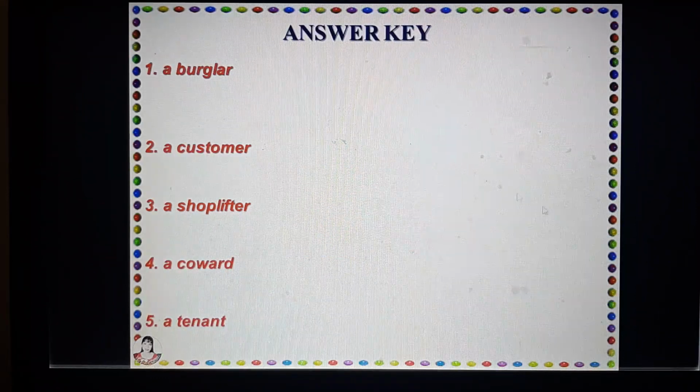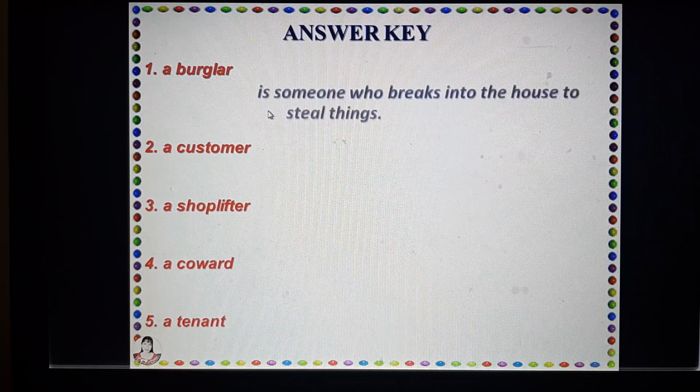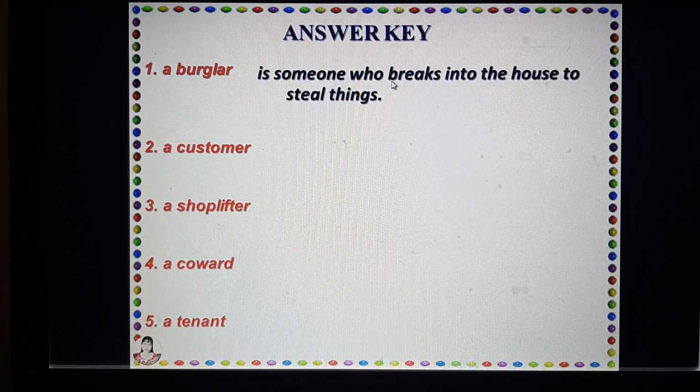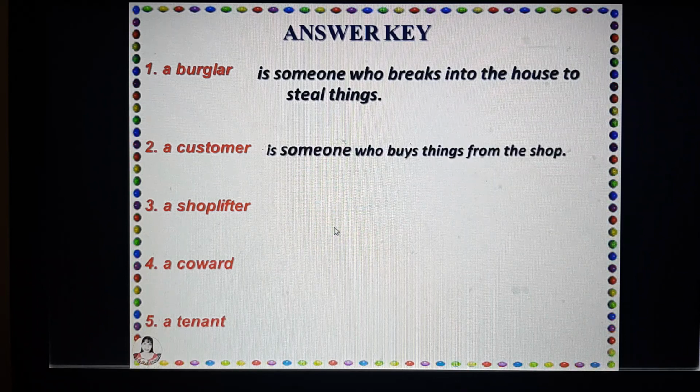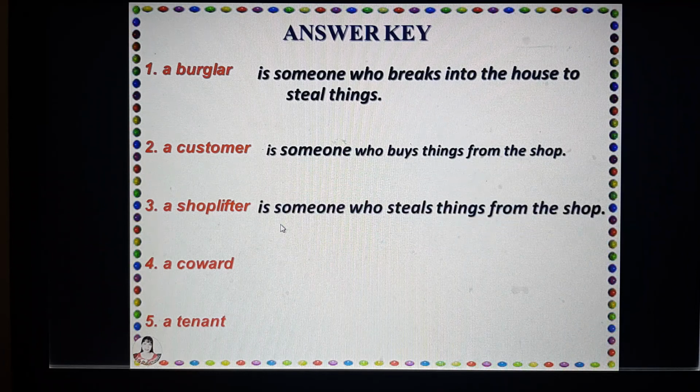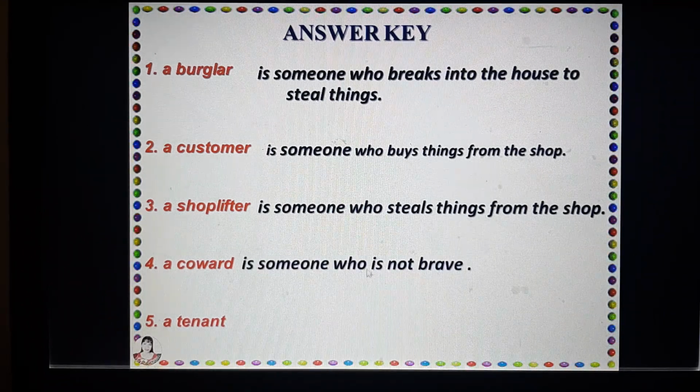Now we work together. A burglar is someone who breaks into a house to steal things. A customer is someone who buys things from a shop. A shoplifter is someone who steals things from a shop. A coward is someone who is not brave.